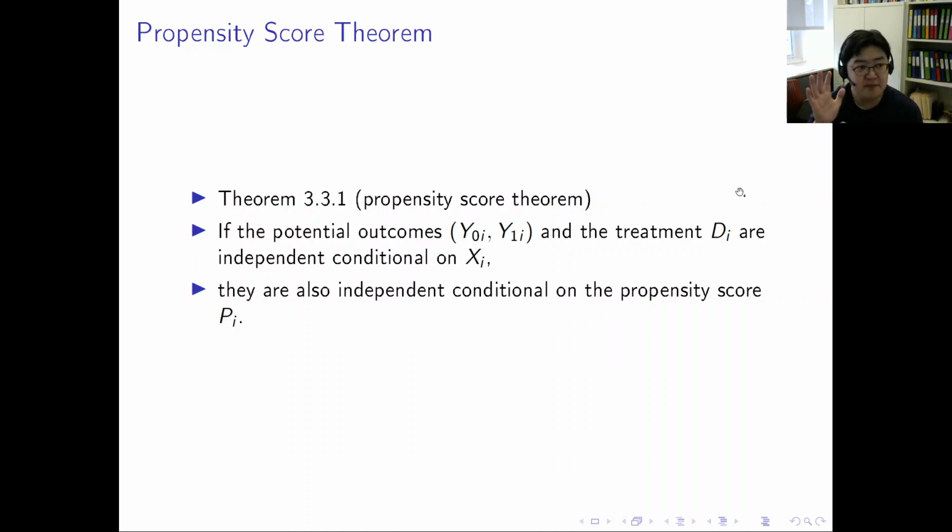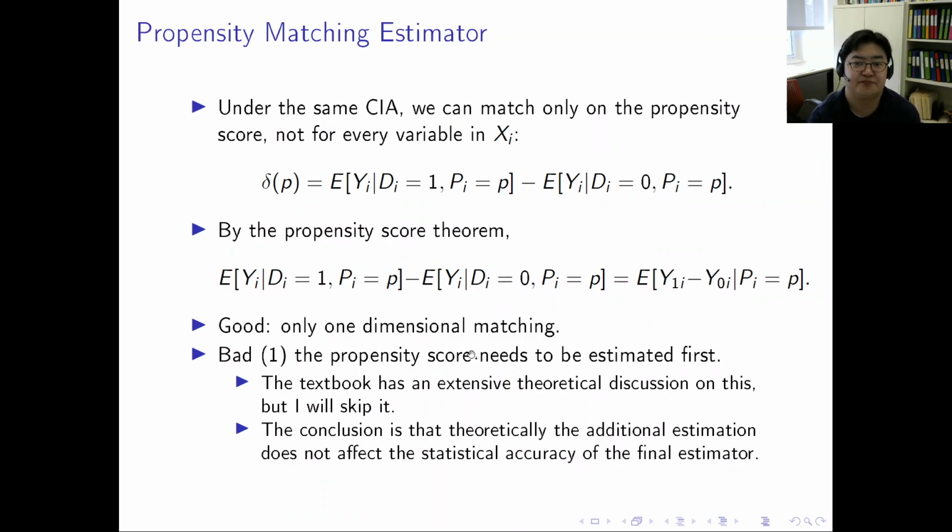So under the same conditional independence assumption, you can simply utilize the propensity score. That's the mathematical theorem, and the textbook proves it. If you're interested, you can try to understand that. But I explained the main intuition, which is, I believe, clear.